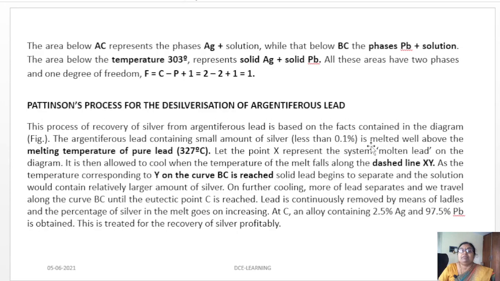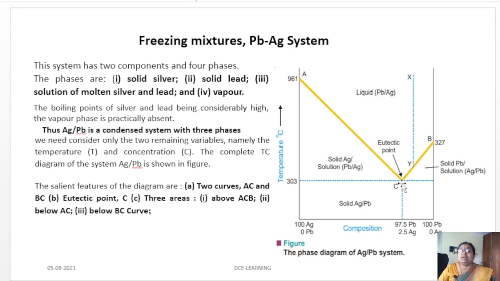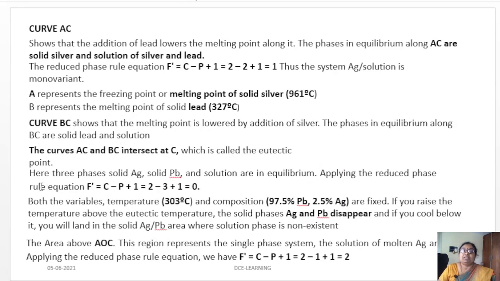C is an invariant point, because the solid Ag, the solid Pb, and the solution all meet at the triple point C. Therefore it is an invariant point, meaning the degree of freedom is equal to 0. Here three phases, solid, solid, and solution, are in equilibrium.